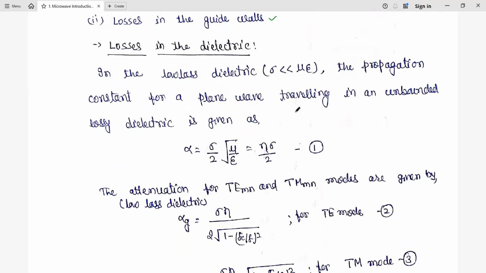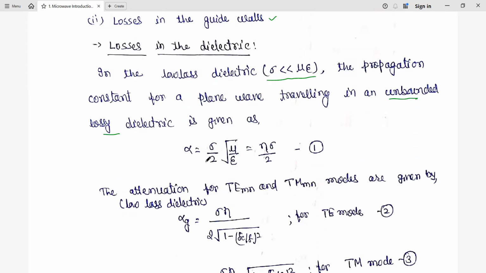In the lossless case, when we talk about a low loss dielectric, we have a lossy dielectric. So here conductivity is present, but the conductivity is much smaller compared to mu epsilon, and that is called a low loss dielectric. So the propagation constant for a plane wave travelling in an unbounded lossy dielectric is given as follows.